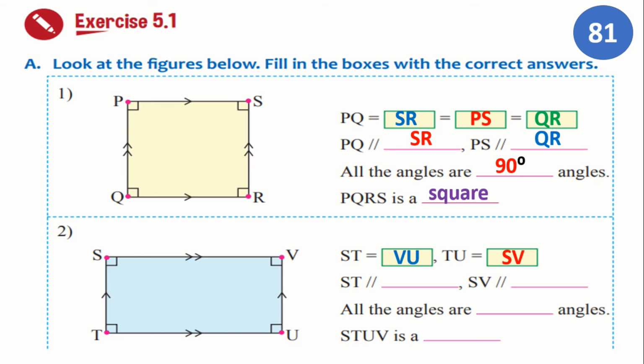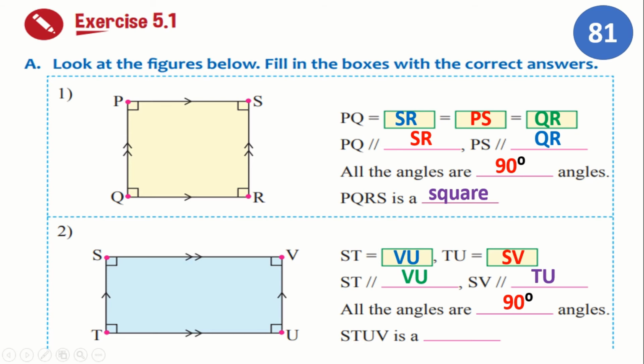ST is parallel to VU, and SV, the top here, is parallel to TU. All the angles are 90 degrees, the same.